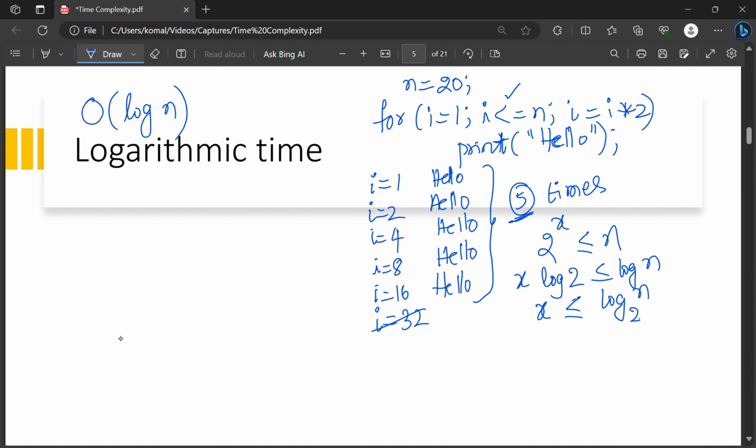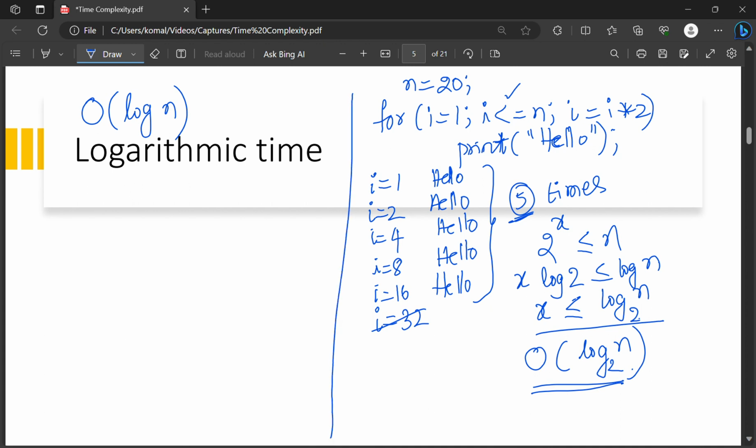So if we represent this with big O notation, it is big O of log n to the base 2. So how many number of times is this loop getting executed? Big O of log n to the base 2. This is one good example for logarithmic time.